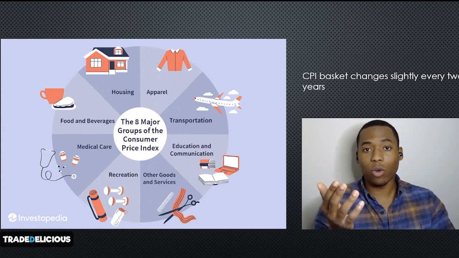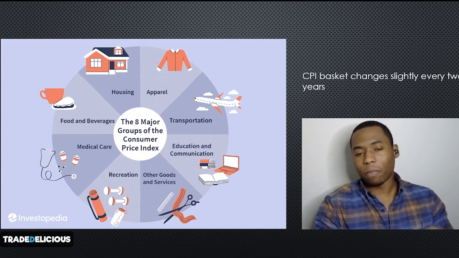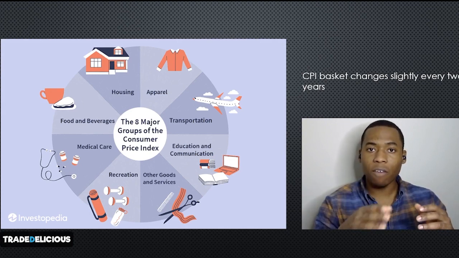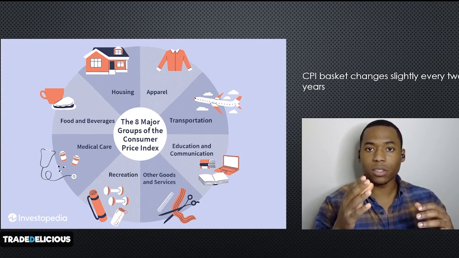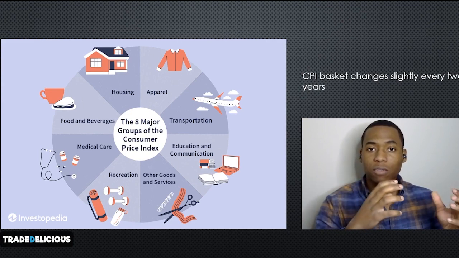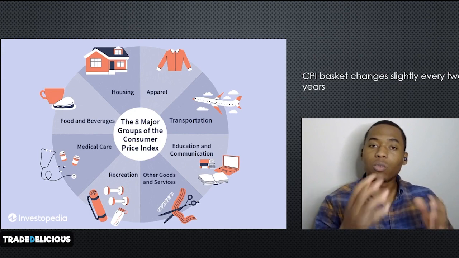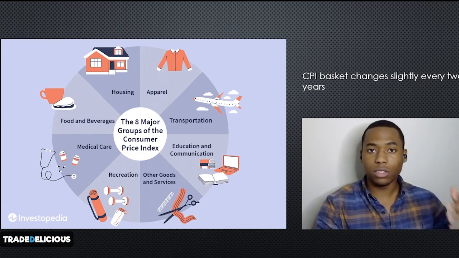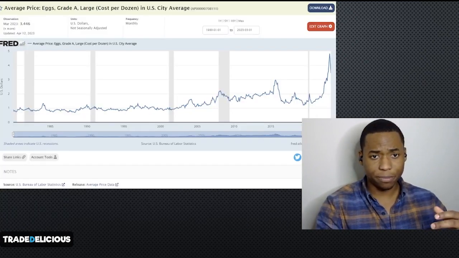Please fly me out somewhere. I'll really appreciate it. But this is the core of CPI. This is the stuff that every Bureau of Labor Statistics or governing body that looks at labor and where money is flowing for the average person, this is what we're paying attention to. This is what the Federal Reserve, the Bank of England, the Bank of Japan, the Eurozone, this is what everybody's going to be paying attention to.